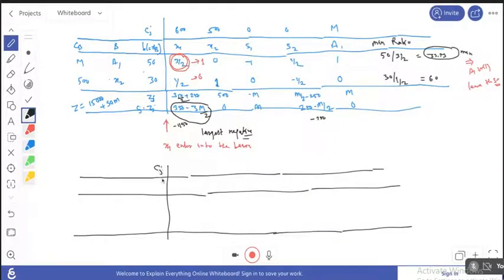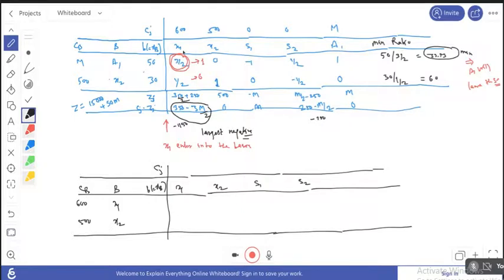This is Cb, Pxb, and the basis variables, and the cost of that: x1, x2, s1, s2, and a1 will leave the solution, that's why you need not write it here. Here x1 comes in place of a1, and the cost of x1 is 600, that's why we write 600, and here 500.